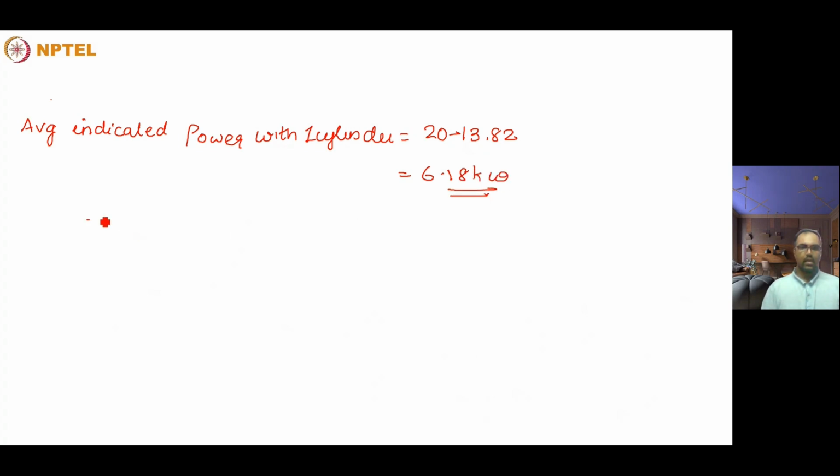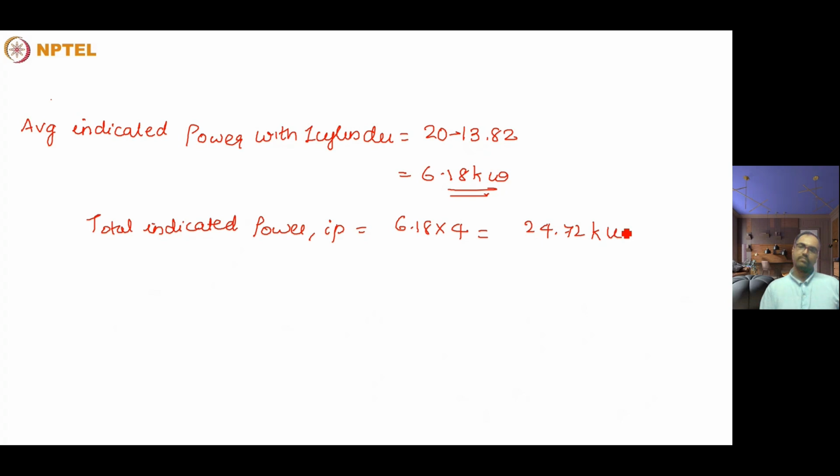So the total indicated power IP is equal to 6.18 into 4, that is equal to 24.72 kilowatt. Now we have calculated the total indicated power.